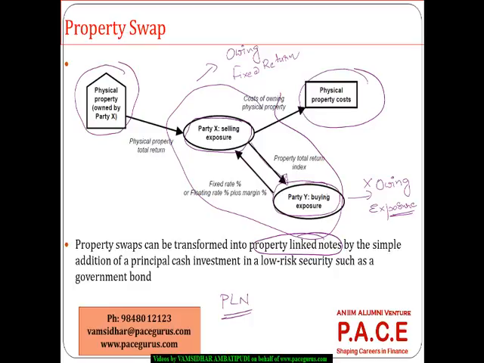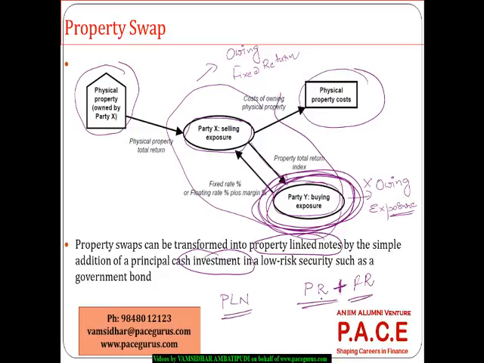Whatever is the cash, the principal which he would have incurred if he had bought the property physically, if he puts that principal in a risk-free investment, he is getting a physical property return along with a fixed rate of return, because he has invested in a government bond.